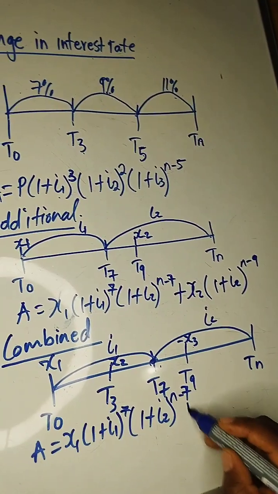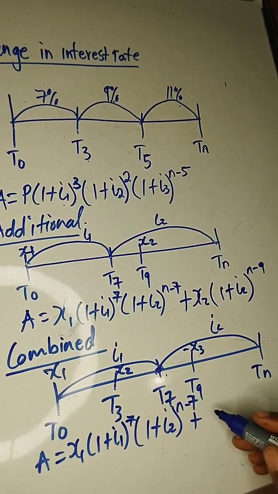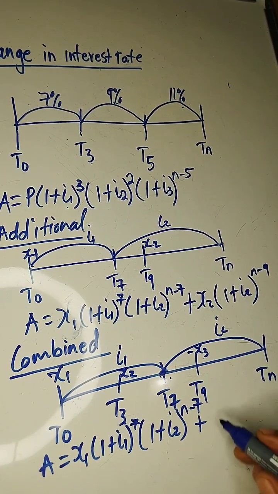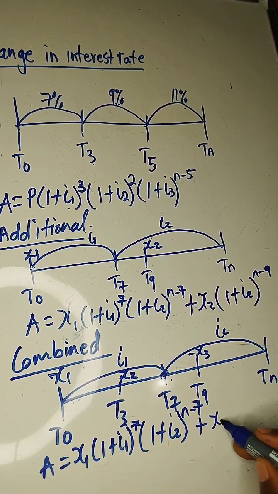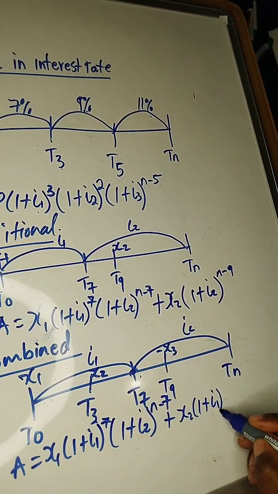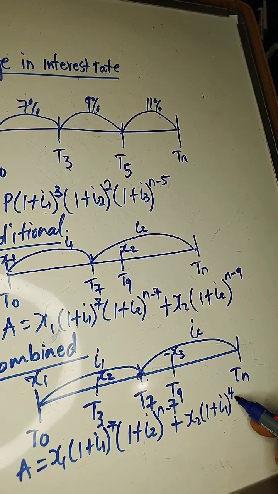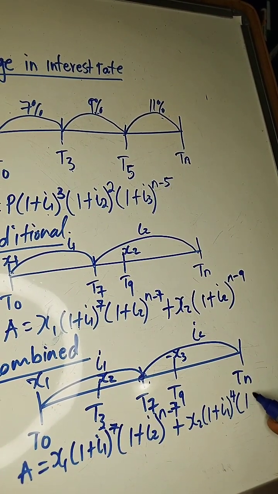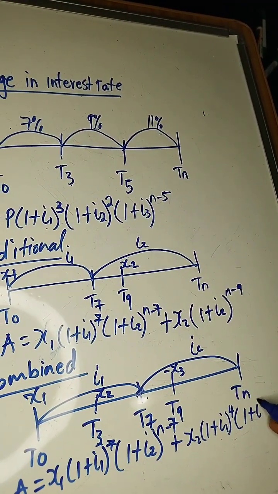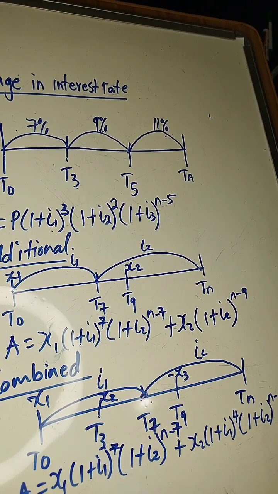Then plus, this one goes from here, so it will be 7 minus 3, which is 4. It will say plus X2 into 1 plus I1 raised to 4, multiplied by 1 plus I2 into n minus 7 again.